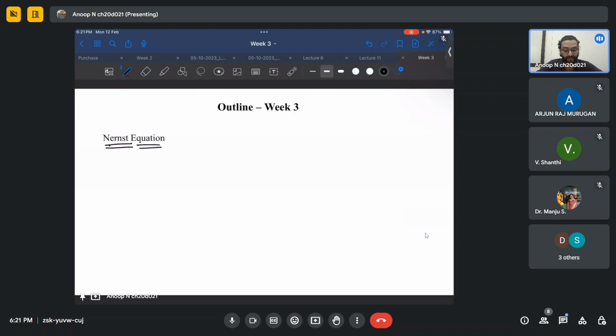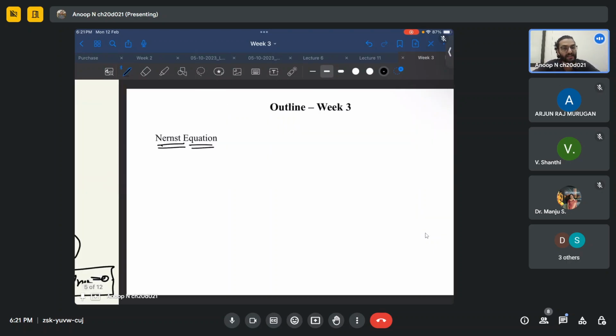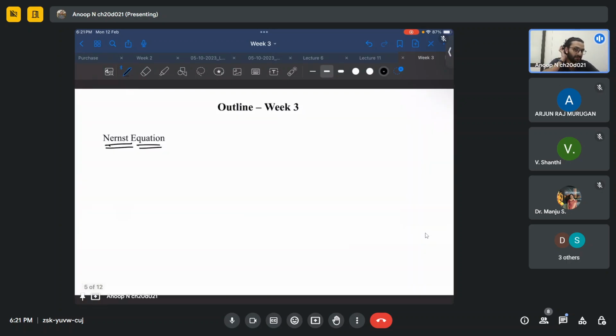What I'm trying to establish is if a set of anodic and cathodic half cells are given, you should be able to develop the Nernst equation. Some portions of the assignment questions will come indirectly. We'll be solving a set of problems towards the end, but in between we'll also be touching upon some of the problems.